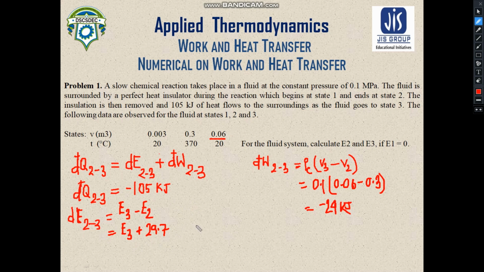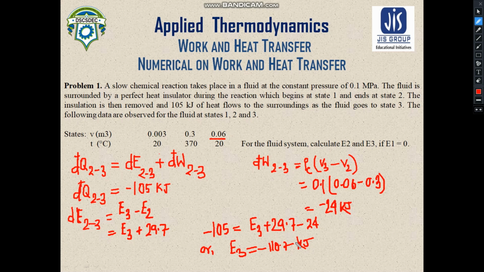Putting the values, it will generate an equation like this: minus 105 equals E3 plus 29.7, and for work done it will be minus 24. So ultimately the result would be minus 110.7 kilojoule. I hope you have understood the application of the first law of thermodynamics here.